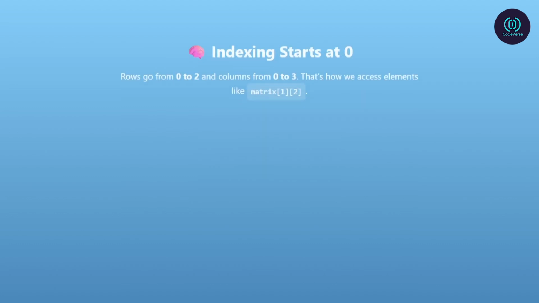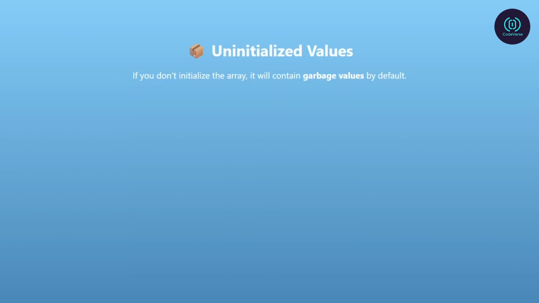Now remember, the index always starts from 0. So the valid row indices here are 0, 1, and 2, and the column indices are 0, 1, 2, and 3. You don't have to initialize the array right away. C++ will fill the array with default garbage values unless you assign values manually or use an initializer.